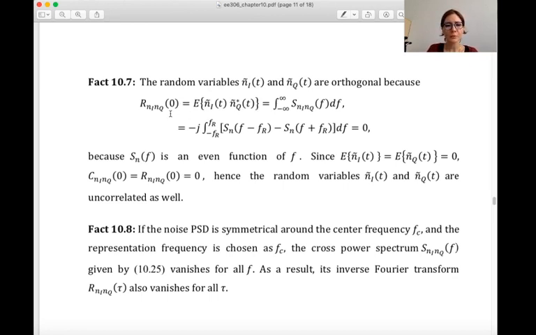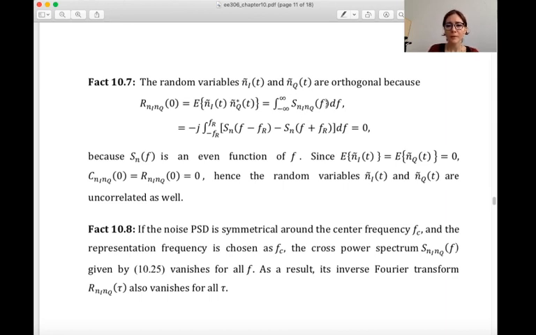But then this inner product is nothing but the cross-correlation function evaluated at tau equals 0. And I'm using the relation between the cross-correlation function and the cross-spectral power spectral density. It is the integral of the cross-spectrum between -infinity and +infinity.